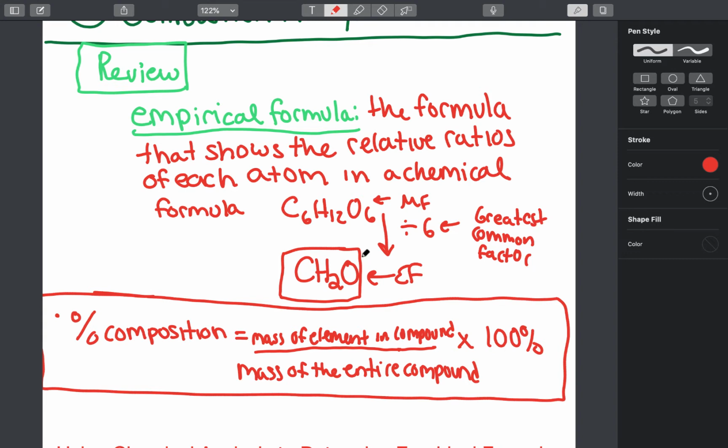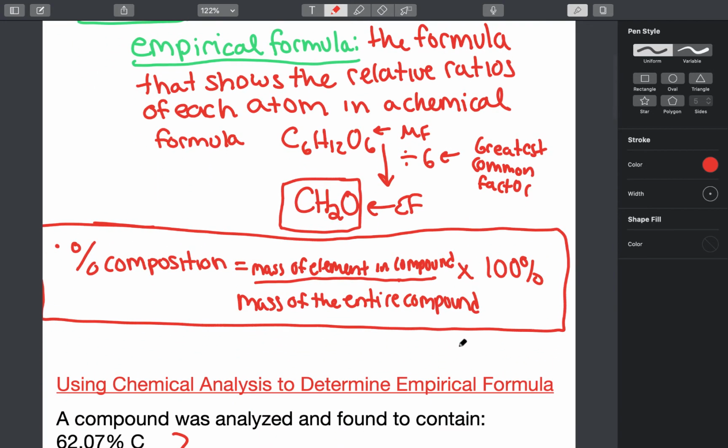So the one tiny new concept that I want to very quickly discuss is percent composition. Now, percent composition is probably something you've all seen either from high school or you're just familiar with it. It's a very easy thing to understand. All percent composition is basically telling you how much of your sample is made up of a particular element. So percent composition is equal to the mass of the element within the compound over the mass of the entire compound times 100%.